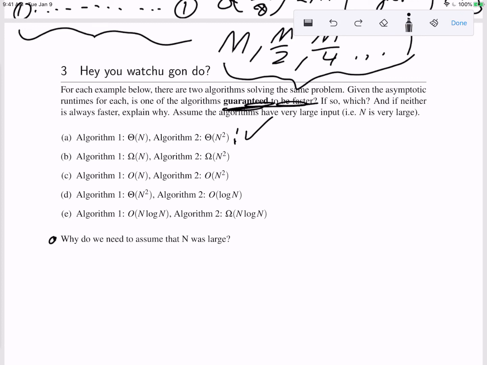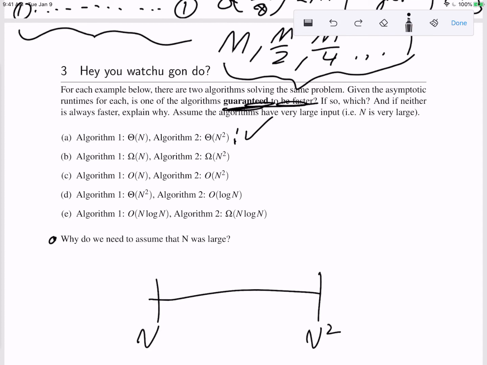Okay, let's look at part B. So someone says that algorithm 1 is omega of n, and algorithm 2 is omega of n squared. So does that guarantee that algorithm 1 is faster than algorithm 2? Let's look at this asymptotic runtime line. Okay, so n squared.